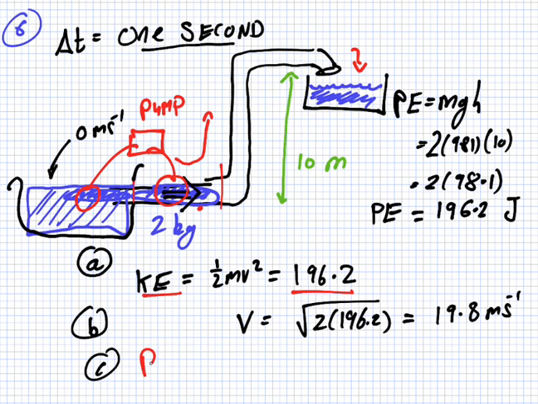So in other words, the pump does 196.2 joules of work per second, because that's how much kinetic energy the water has.